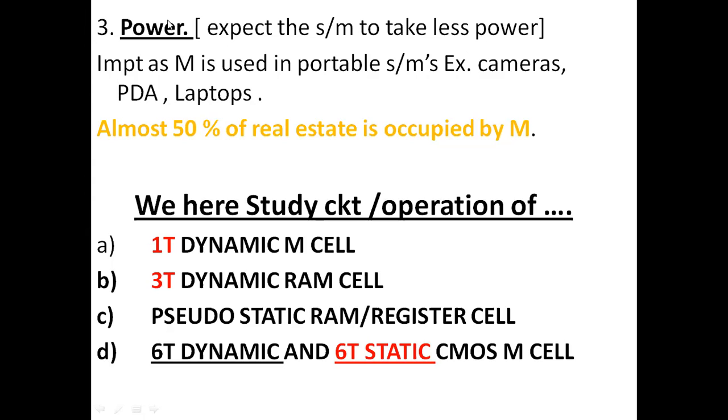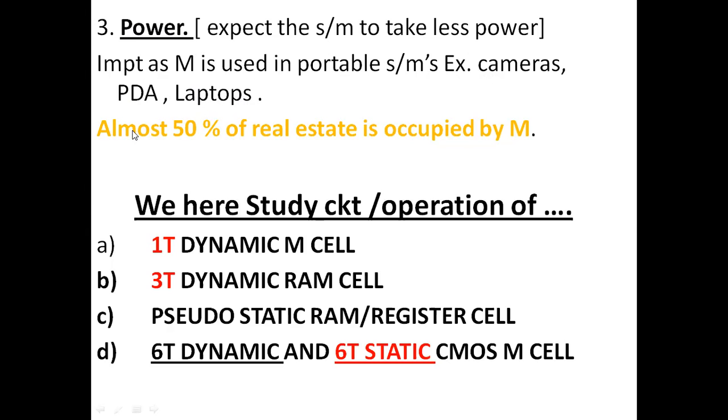We want our device to operate at lower power so that the system can run for a longer time. If my design consumes less power, I can have more time in operation. This is important as memory is used in portable systems, for example cameras, PDAs, and laptops.